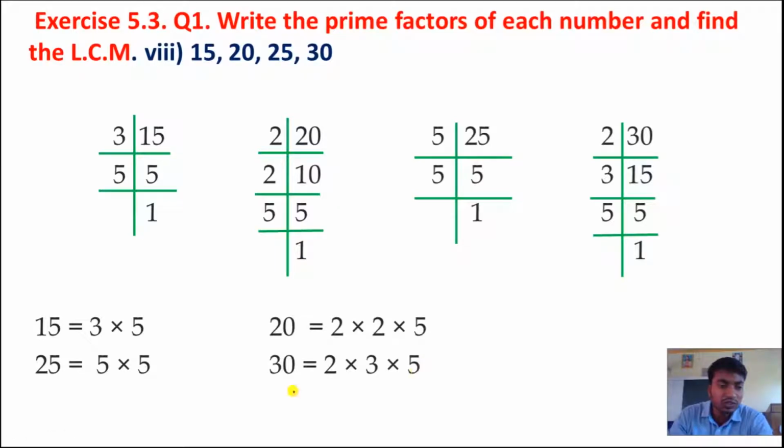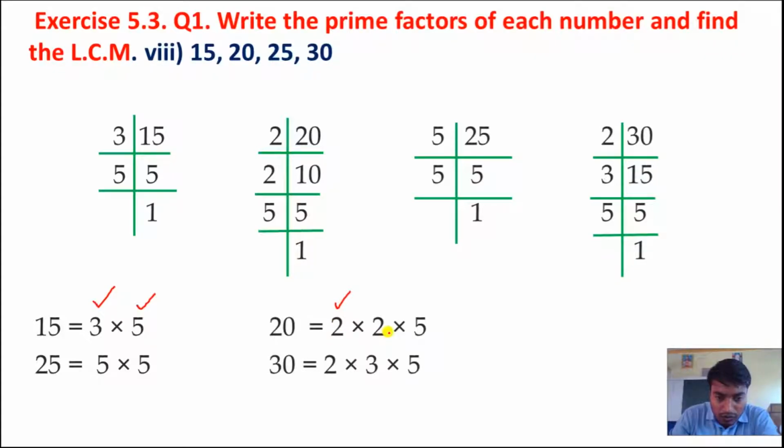Now we have to check what prime numbers we have here. So we have 3, 5, then 2. 3 already came, 5 also already came. So we got 3, 5 and 2. Now we need to see the maximum number of 3s, 5s and 2s. First check the maximum number of 2s.